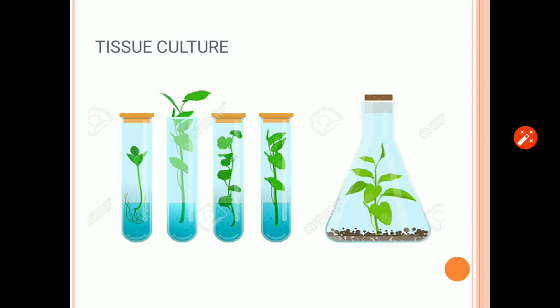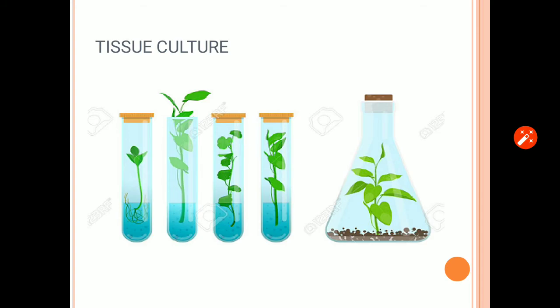We transfer these plantlets to the nursery beds, and within a short duration of time, from a single cell or a tissue, we get multiple copies which are exactly similar to the parental plant. We can even get a disease-free plant from a diseased parental plant.